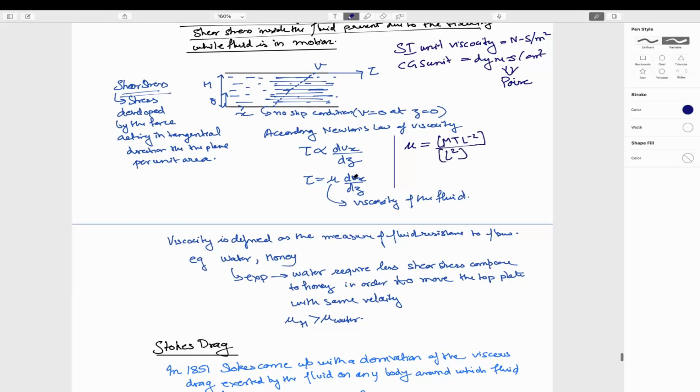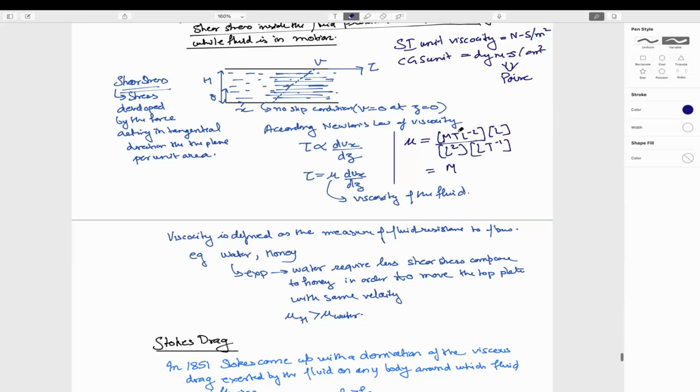And the dimension of velocity gradient is LT minus 1 divided by L. The dimension comes out to be M L minus 1 T minus 1. So that's the dimension of viscosity.